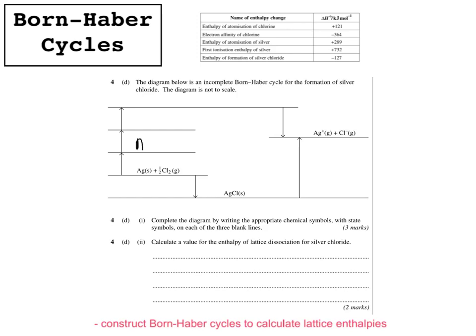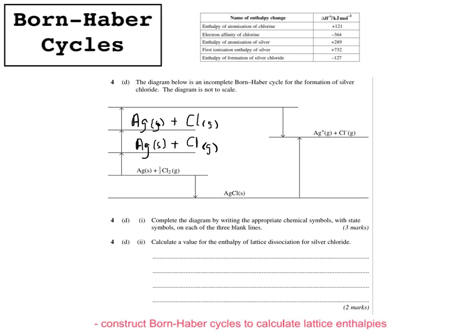So this is going to be Ag solid, and you need to make sure you keep your state symbols in, plus Cl gas. Remember, it's from half Cl2, so you're going to make just 1 chlorine atom. And then you could turn your silver into a gas. So you're going to have Ag gas plus Cl gas.